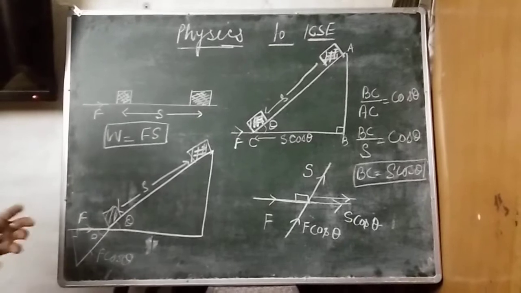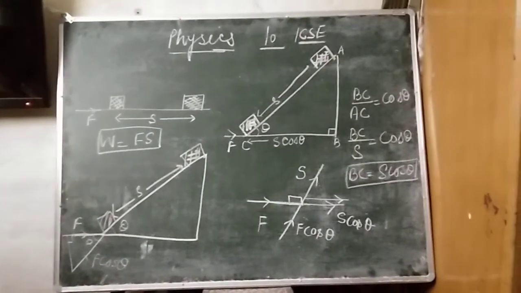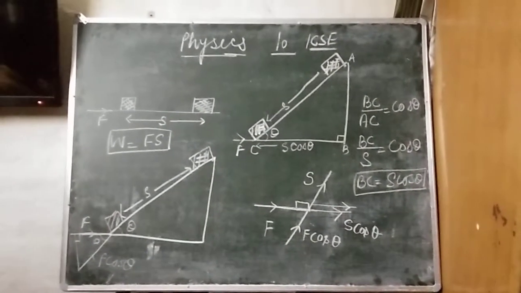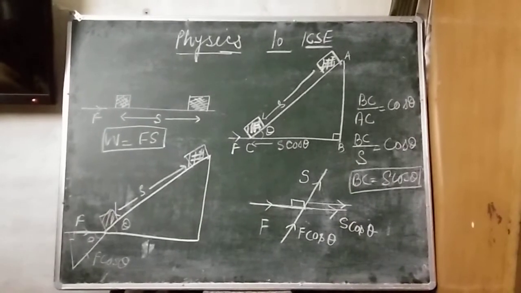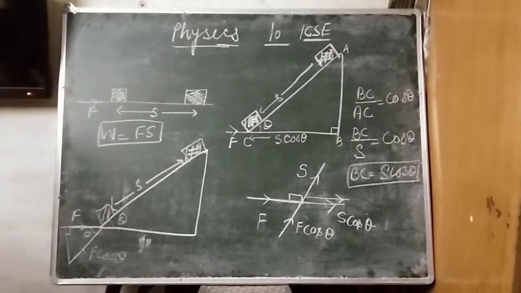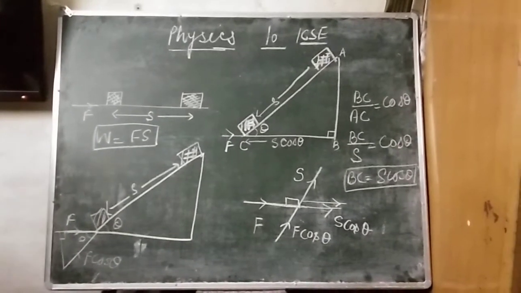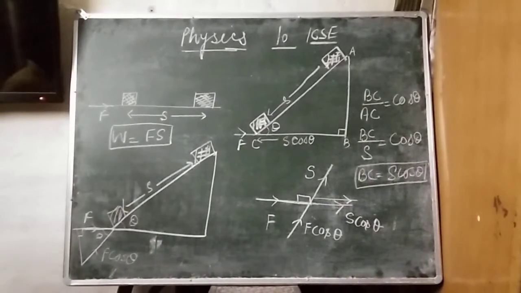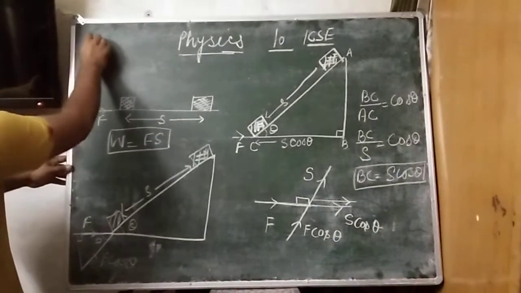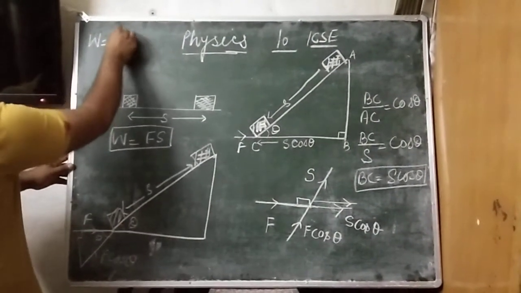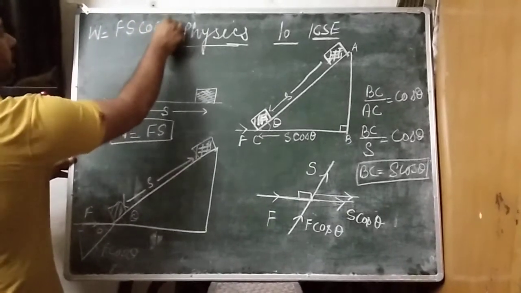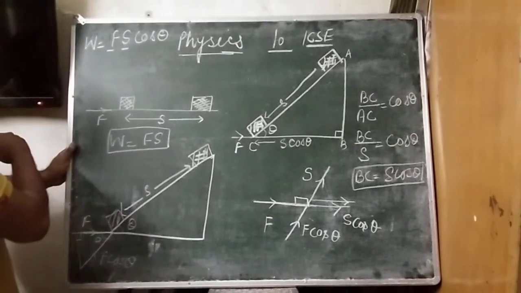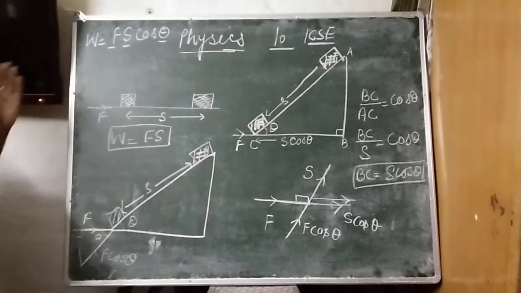Sometimes we apply the force and the body moves in a direction other than that of the force. That is, many times the body does not move in the direction in which we apply the force. For example, when playing football, there are so many kinds of kicks, banana kicks and others, where we kick in one direction and the ball moves in another direction. In that case, the work we will find by using this formula: F s cos theta. F is the force, s is the displacement, and theta is the angle between force and displacement.